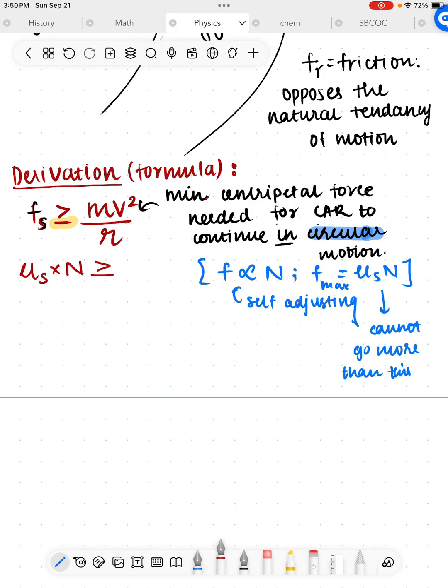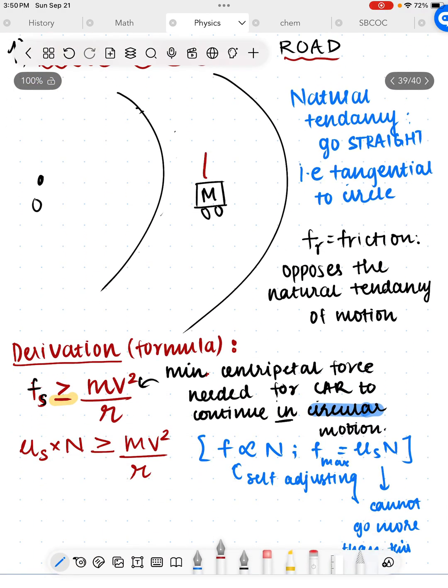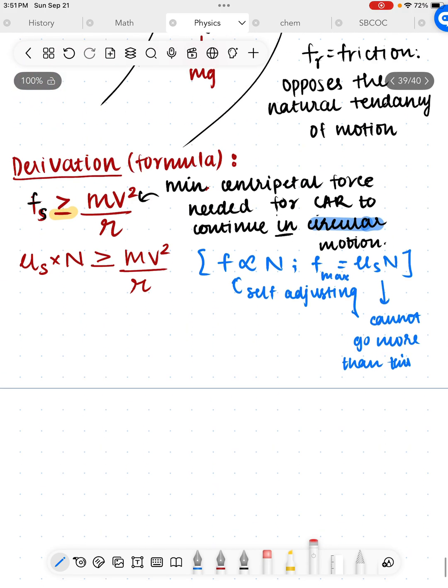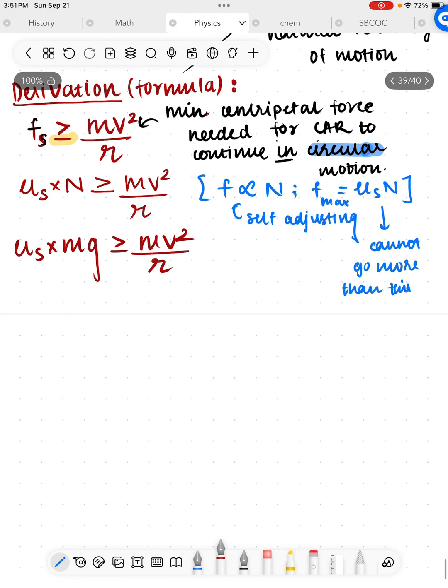Now greater than or equal to, n here becomes what, children? n here becomes equal to mg. Can I write mu s into mg is greater than or equal to m v square by r?